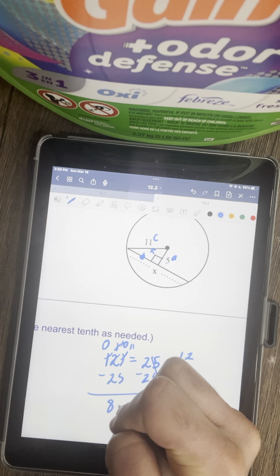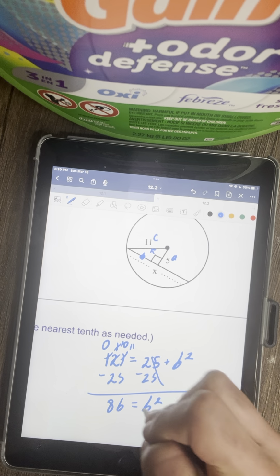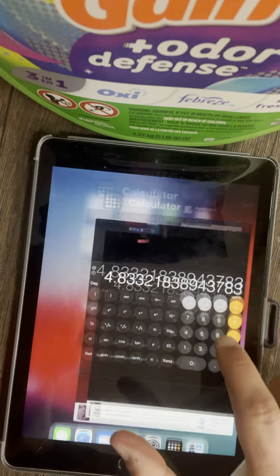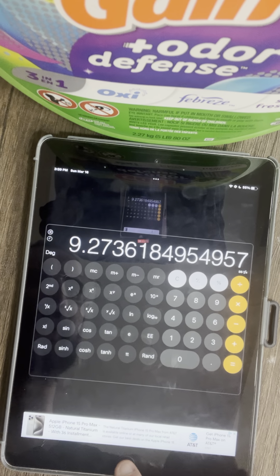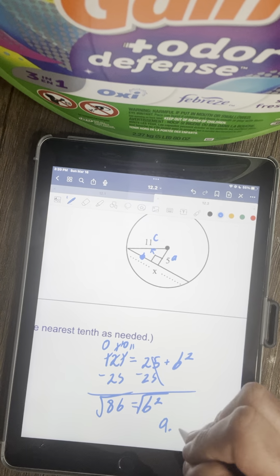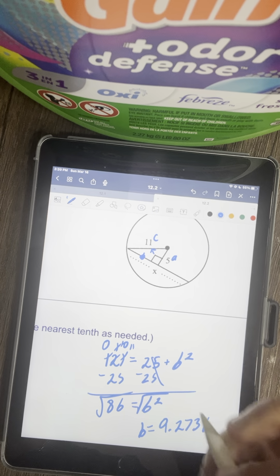So I have 86. So B squared is 86. So now I just need to find the square root of 86. So 9.2736. That's my B, correct?